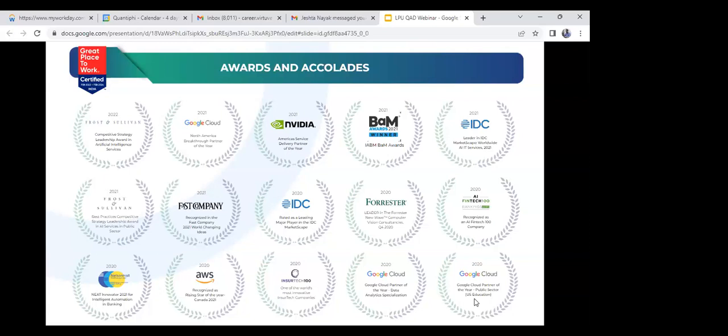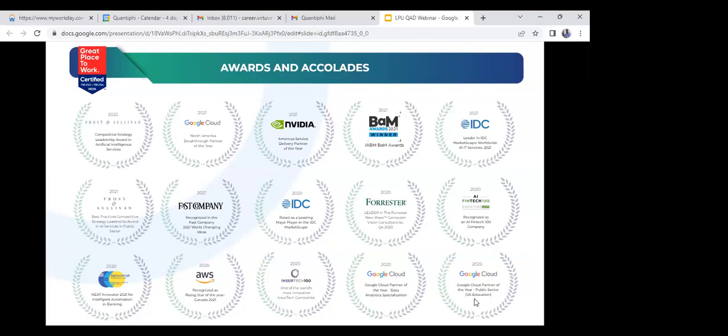But the awards that we have won in terms of the business world are something that you see on screen, right? And another remarkable thing is, for the last 4 years, we have been in the top list of GCP partners, ensuring their products and services are taken to their customers in the right way.